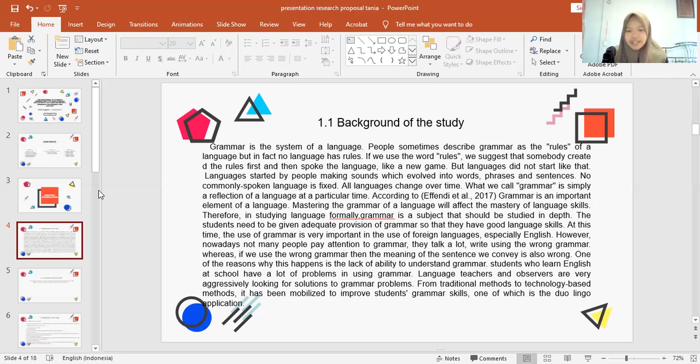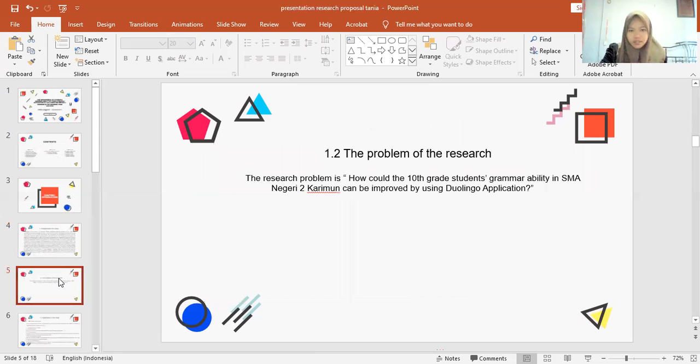Language teachers and observers are very aggressively looking for solutions to grammar problems. From traditional methods to technology-based methods, it has been mobilized to improve students' grammar skills, one of which is the Duolingo application.